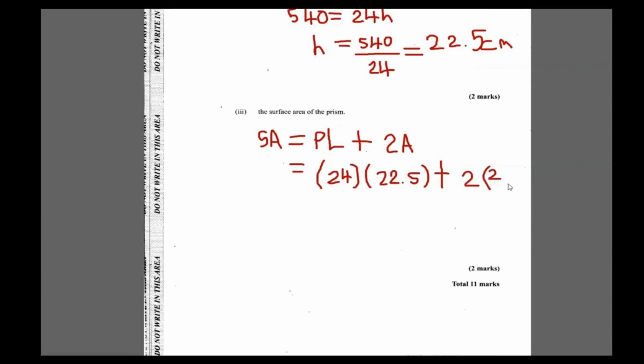So this is the formula we use. The surface area of the prism is 24 times 22.5 plus 2 times 24, and that's 588 cm squared. And that is the surface area of the prism.